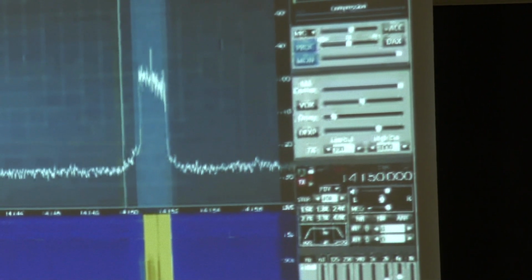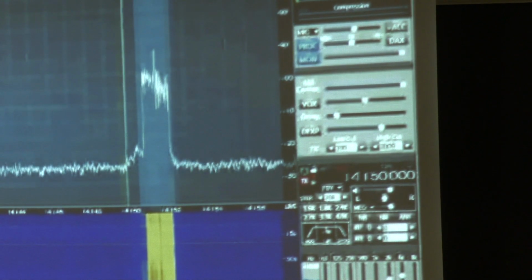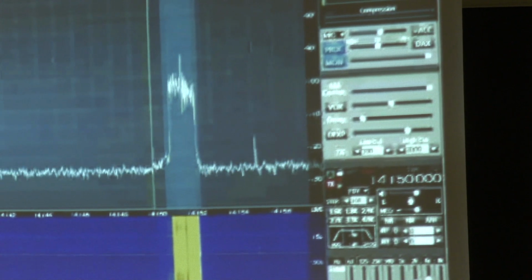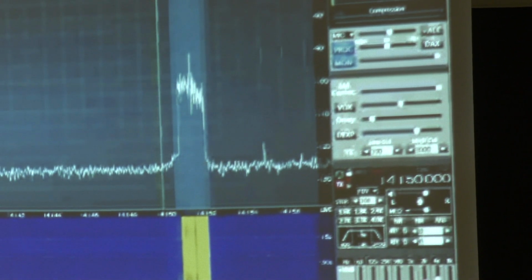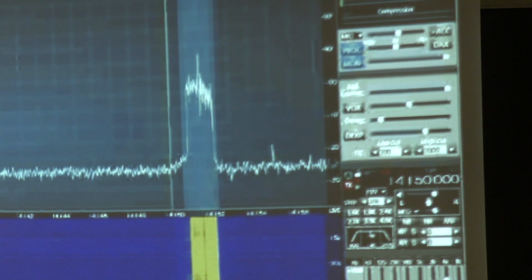The signals are much better down here because a lot of folks don't realize that 14230 is slow scan, 14233 is digital slow scan, and 14236 is digital audio.